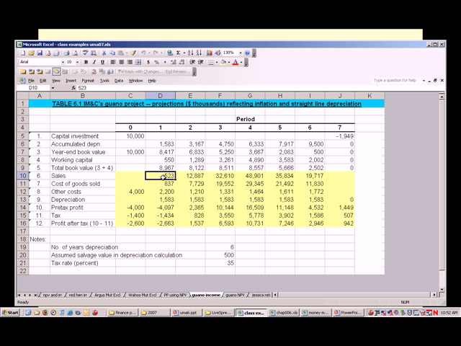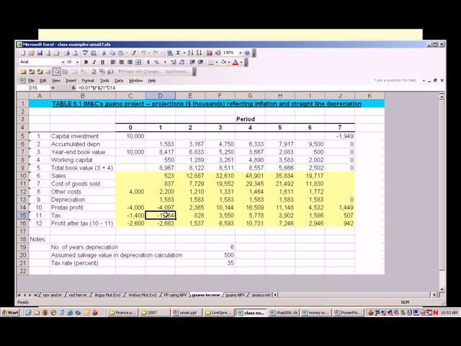In year 1 we project sales to be $523,000, cost of goods sold to be $837,000, other costs including labor to be $2.2 million, and then we have a depreciation expense of about $1.5 million, so that now in row 10 we have a pre-tax profit which is equal to sales minus all of these expense items to give us our profit, or pre-tax loss I should say now, of about $4 million.